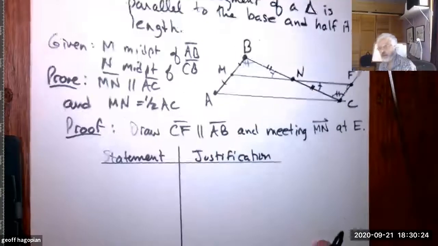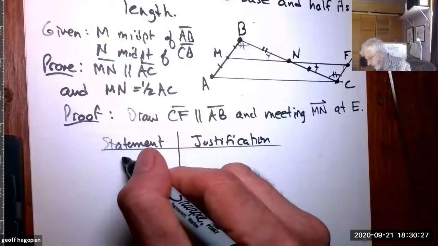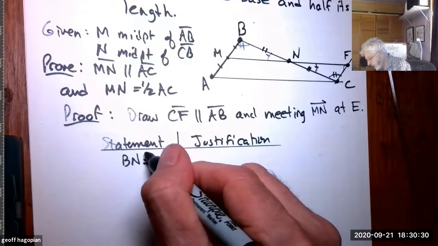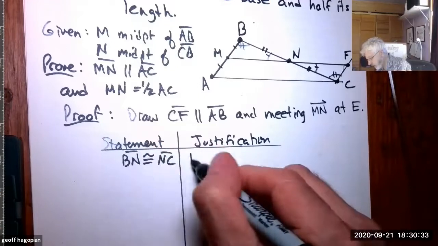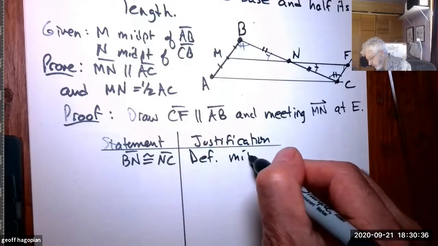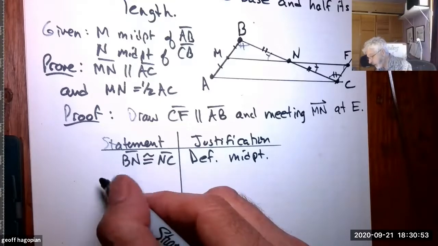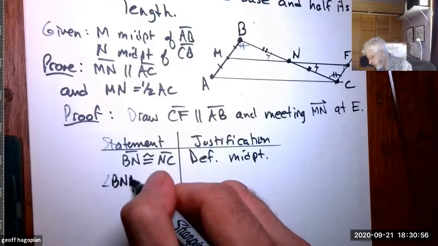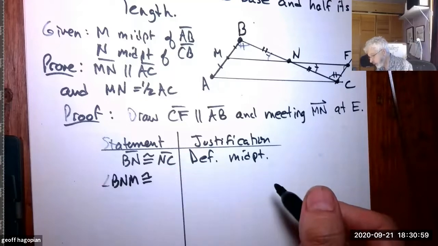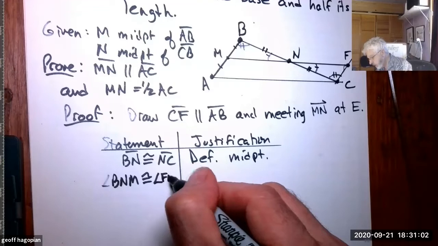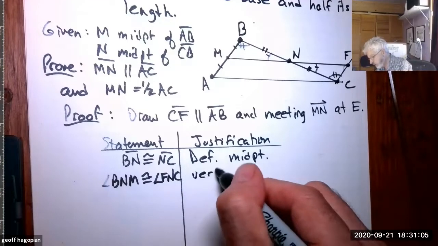So I'm going to say that BN is congruent to NC, and that's the definition of midpoint, which is given that that's the midpoint, right? And we know that angle BNM is congruent to angle FNC, and those are vertical angles.